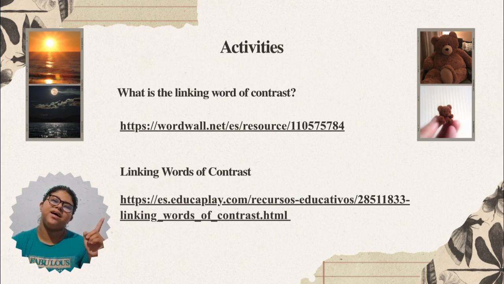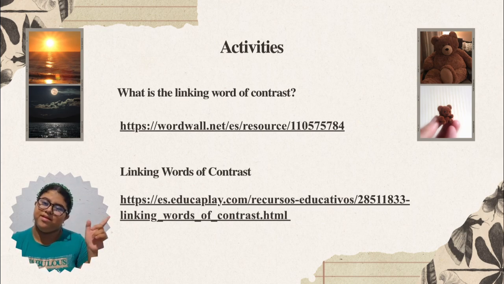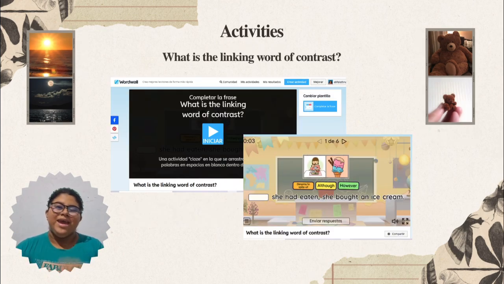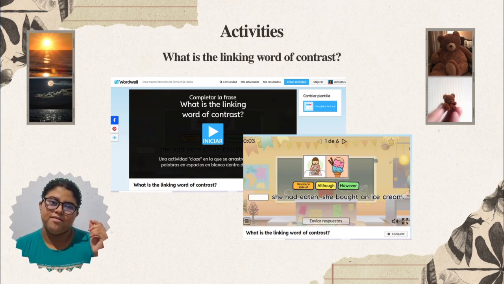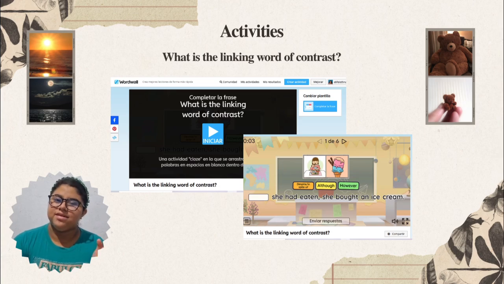Now, I will share some activities so that you can practice what you have learned in this short lesson. In the first activity, titled What is the linking word of contrast?, you will find sentences that must be completed by inserting the linking word of contrast that best fits the meaning of each sentence, taking into account what you have learned.